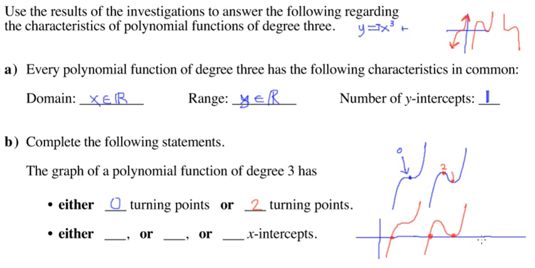Or the really active ones can go 1, 2, 3. Any of those are possible. So a cubic can have either 1 or 2 or 3 x-intercepts. It can't have 0 x-intercepts, and something that's third degree can't have more than 3, but it can have any number in that range.